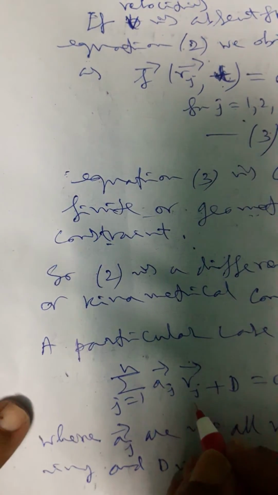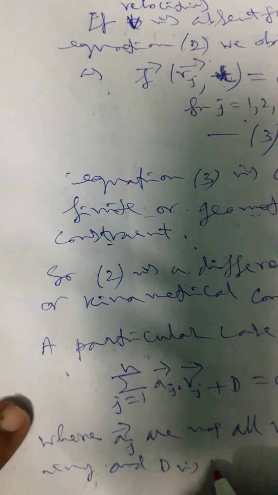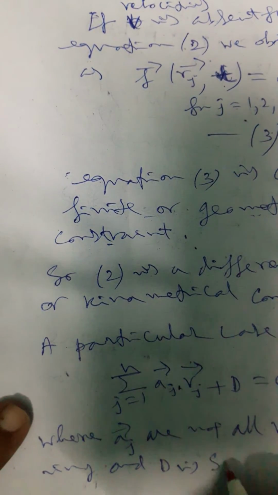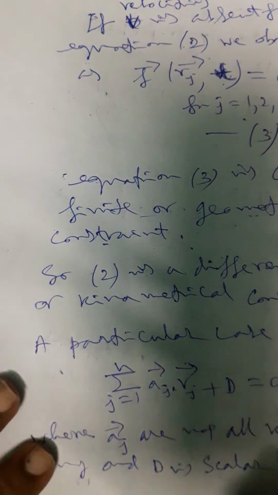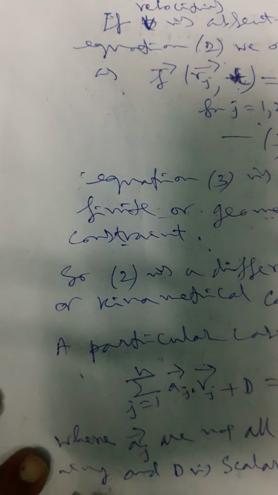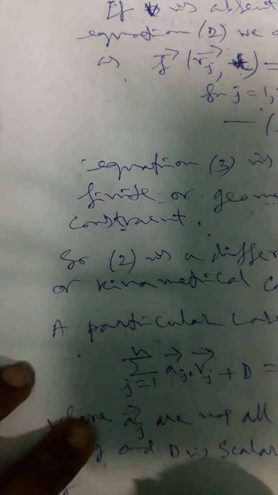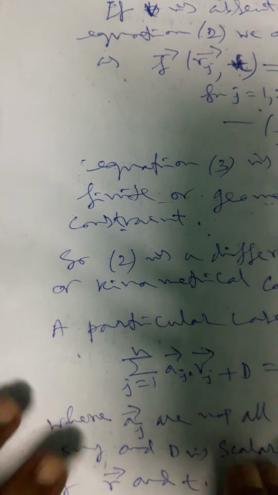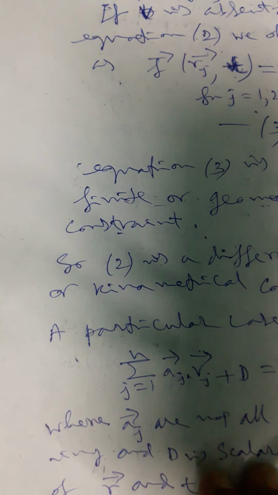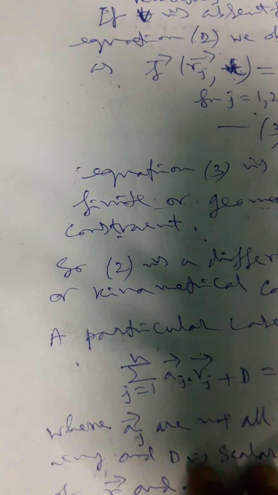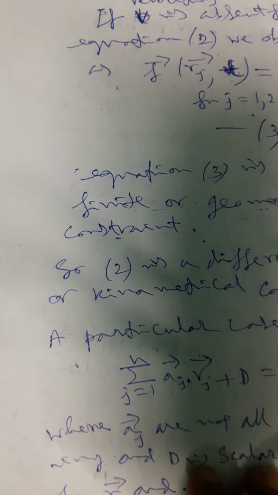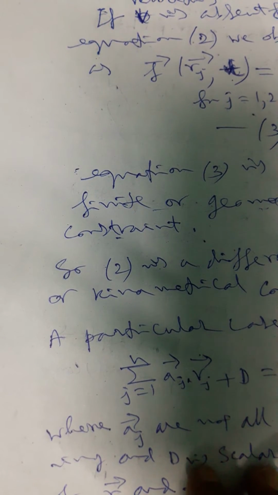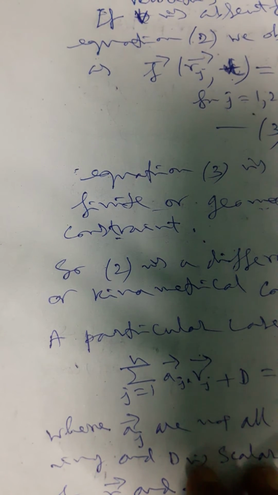Here it is a vector and a dot product. This is a particular class, and this is called the linear form, a differential constraint in linear shape.